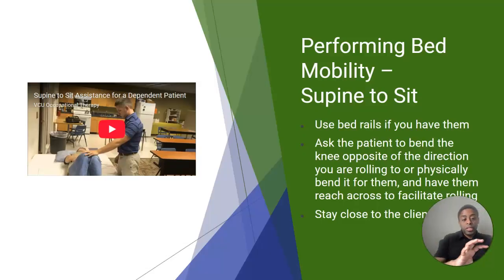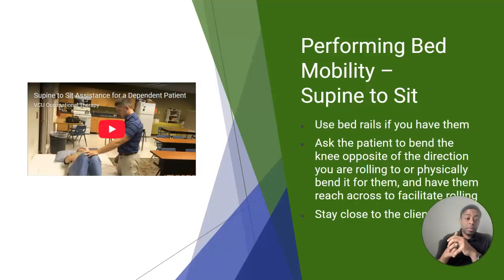So you're going to have the person roll to their side with their knees bent, of course, then have both their left and right knee move towards the edge of the bed, or out over the edge of the bed. Then you're going to assist the trunk into a sitting up position.